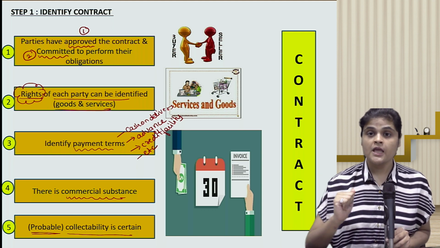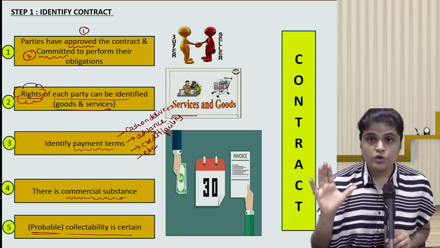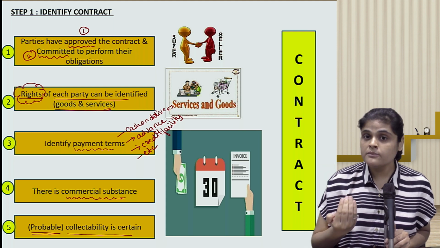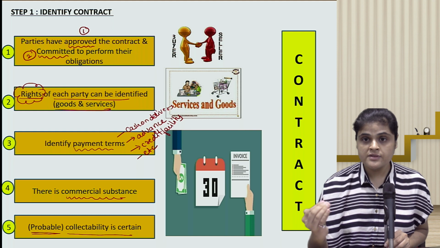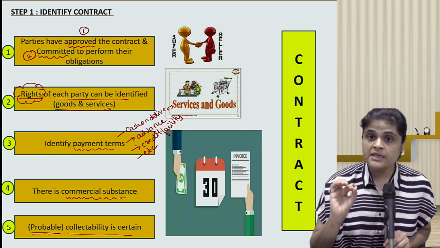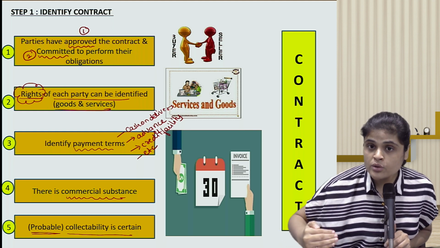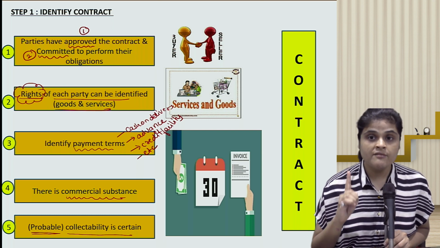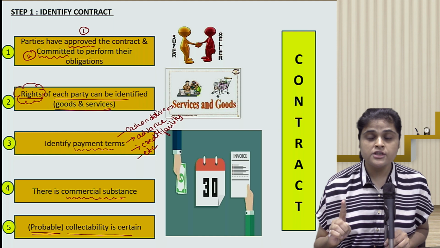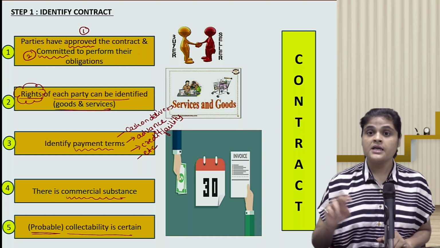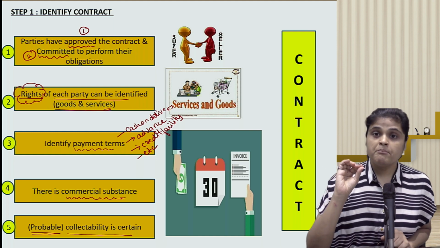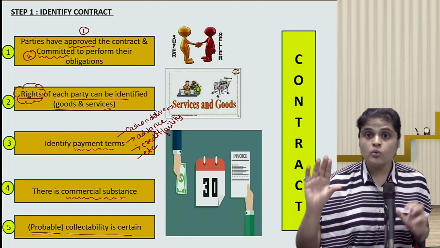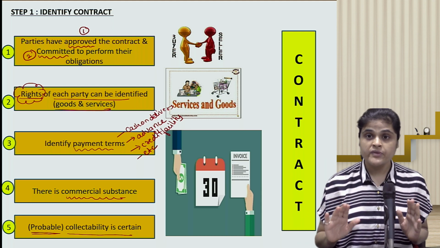So when we identify the contract, we identify the terms and conditions between the buyer and the seller. These terms and conditions should give you clarity on these 5 points. First, both the parties should have agreed to the terms and conditions in the same sense. Second, the parties should be committed to whatever promises they have made.